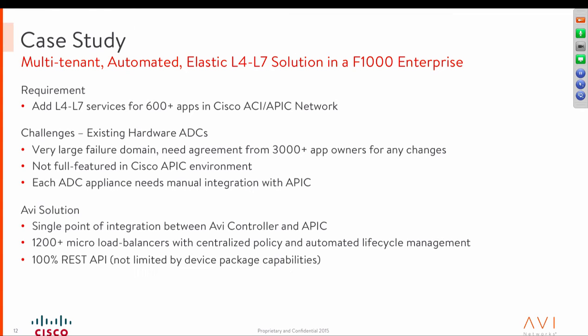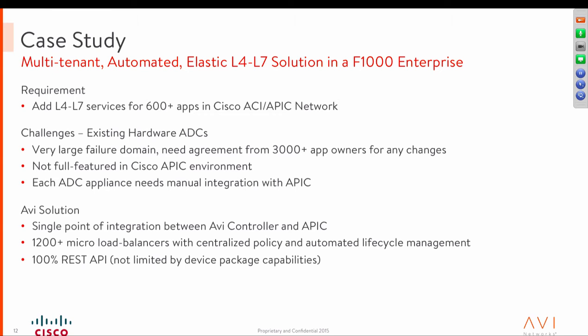So what Avi provided was, as we just saw, the joint solution with the Avi controller and distributed micro load balancers, a single logical ADC with over 1,200 micro load balancers, or service engines, that are automatically managed by the controller. The controller has the policy, and the service engines are managed in an automated fashion.